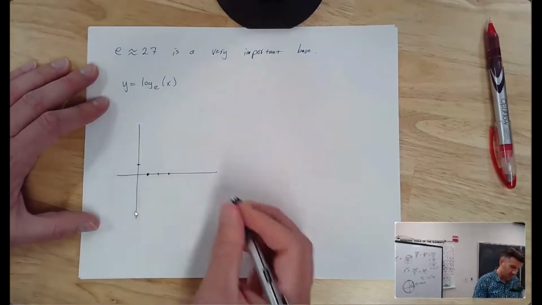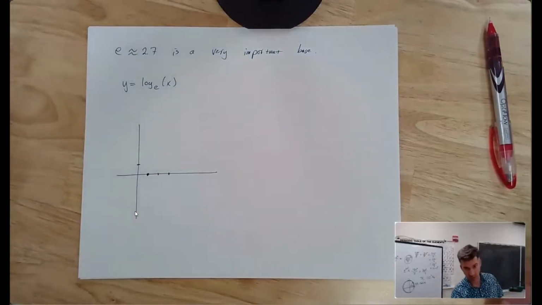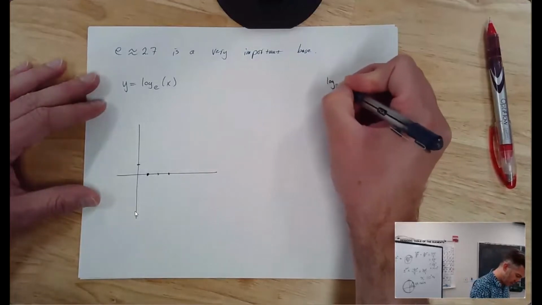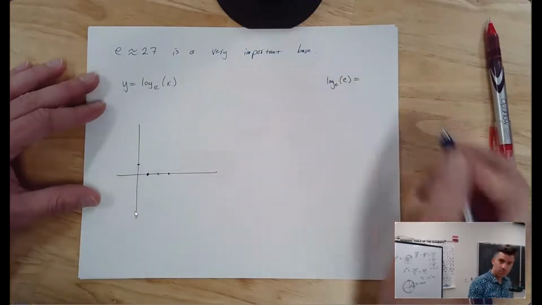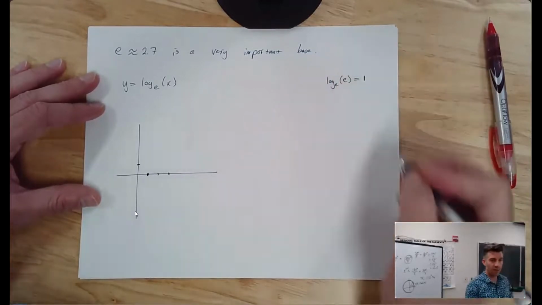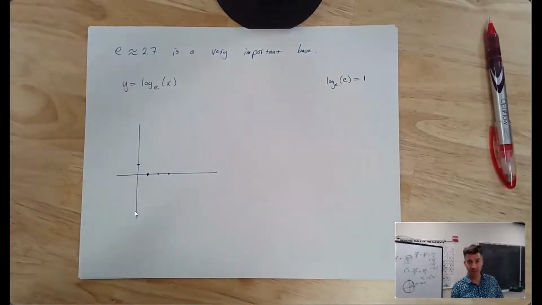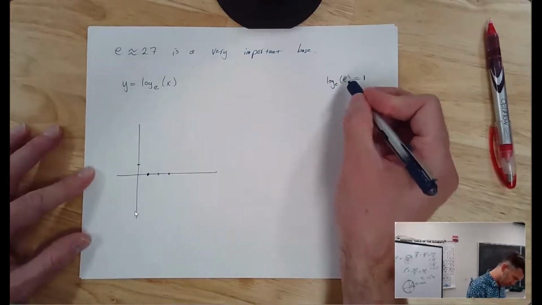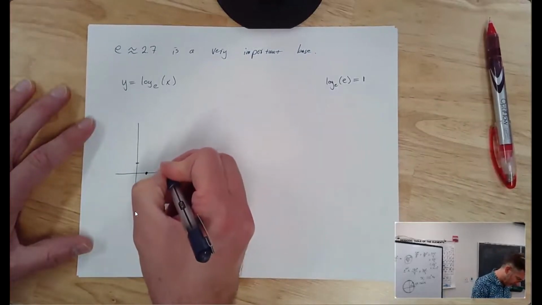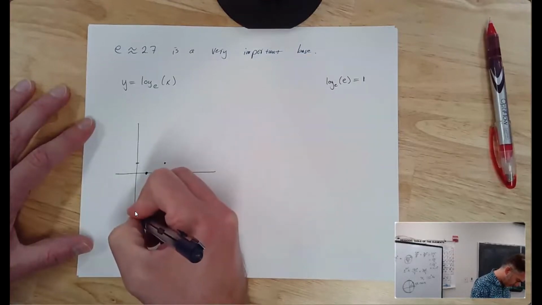And then when x is e, which is about 2.7, log base e of e should equal what, everybody? What's log base e of e? Thank you. Of course. When the base and the argument are the same, the answer is always 1 because e to the first equals e. So when I make x about 2.7, the y value should be 1. It's going to look like this.